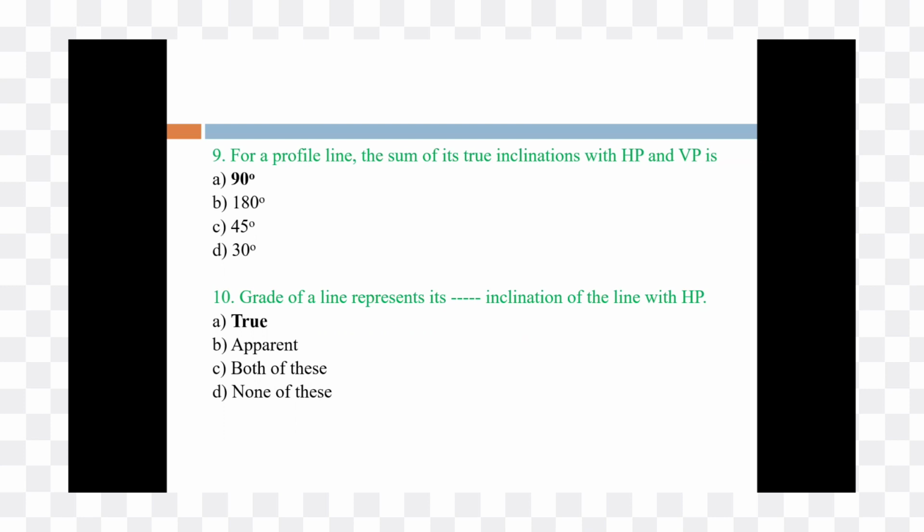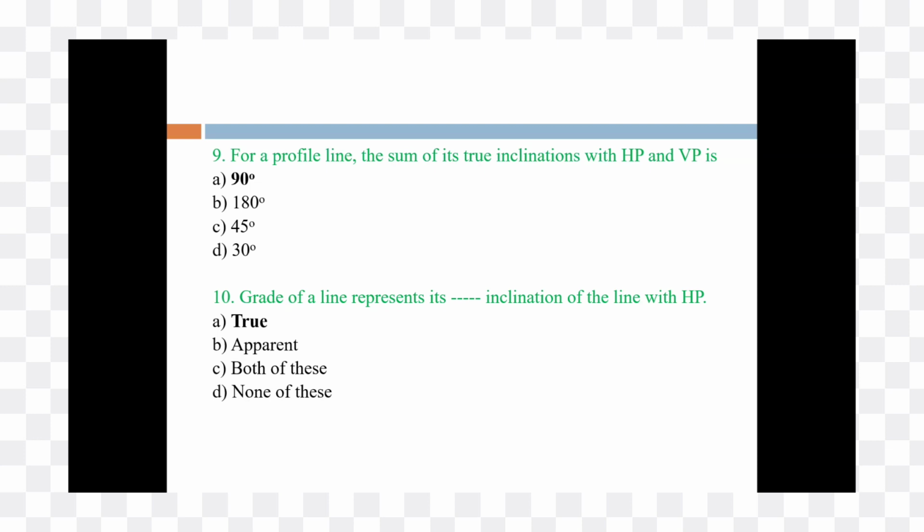Suppose theta is the angle made by the profile line with the HP, and phi is the angle with respect to the VP. Then this addition must be 90 degrees, and then we get that line as a profile line. So the angle should be 90 degrees. We must remember these things: theta plus phi is equal to 90 degrees in a profile line.